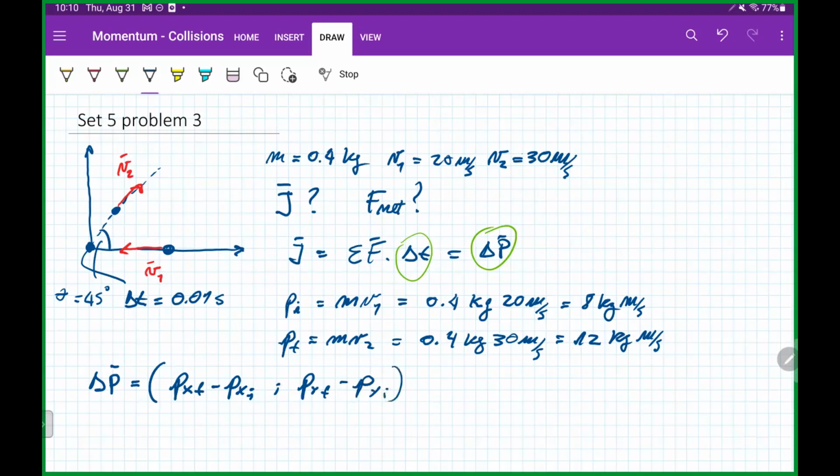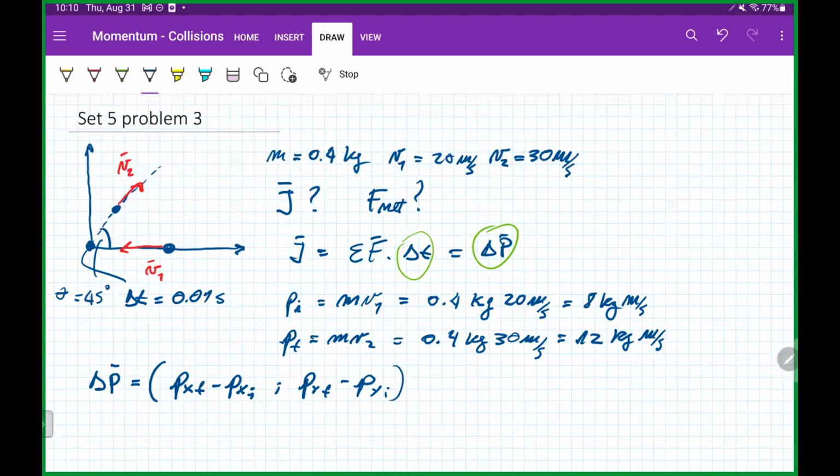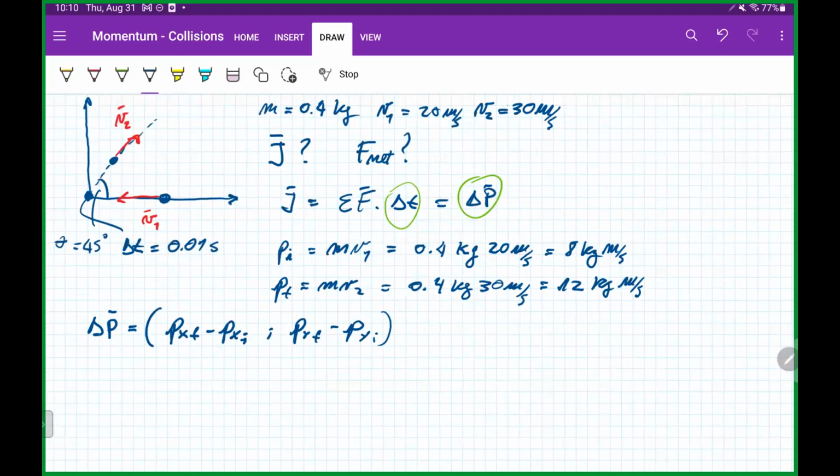So that's the variation of the linear momentum. And in order to calculate that, we would need to use the angle, right? And let's say we have, sorry, I forgot the axes here, y and x.